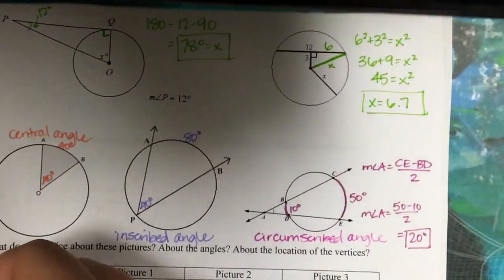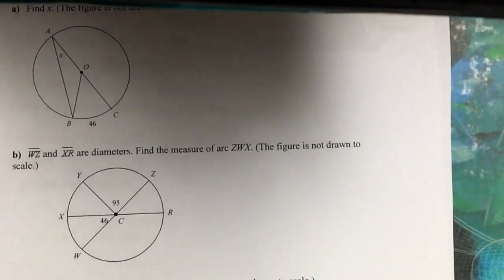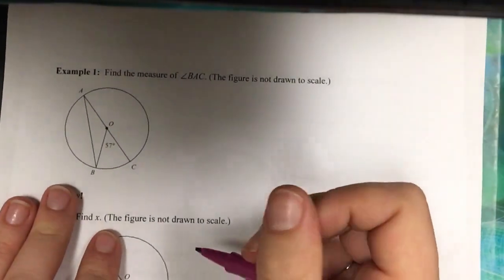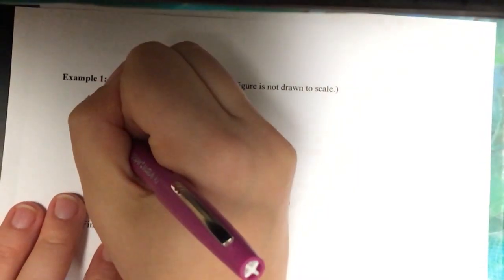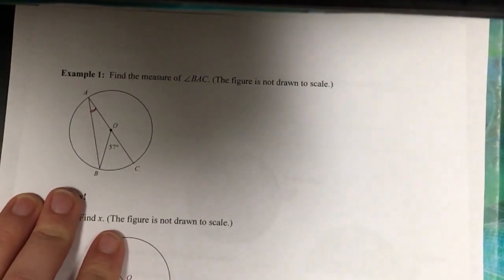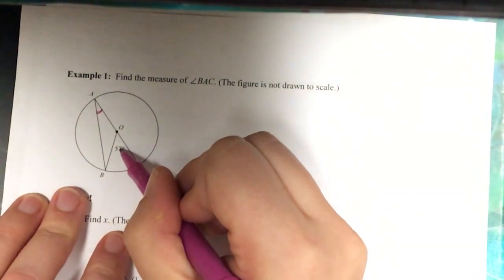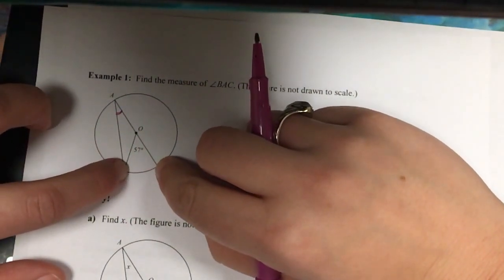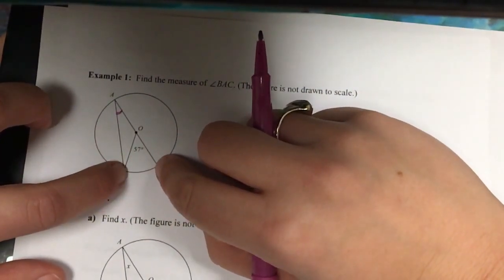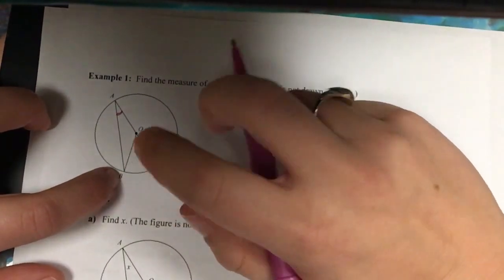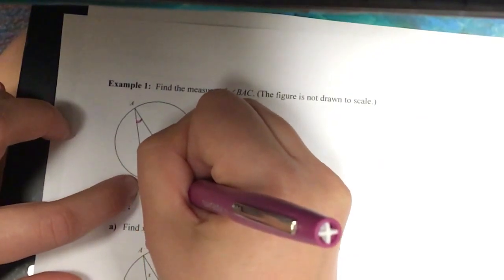All right, moving on. So this page is full of problems. For example 1, we're trying to find the measure of angle BAC, which is right here. Okay, so the first thing you have to notice is that you have a central angle here, which is 57 degrees, and its little arms reach out to the intercepted arc right here. And so since this is a central angle, you know that its arc is the same measure, so it's also 57 degrees.